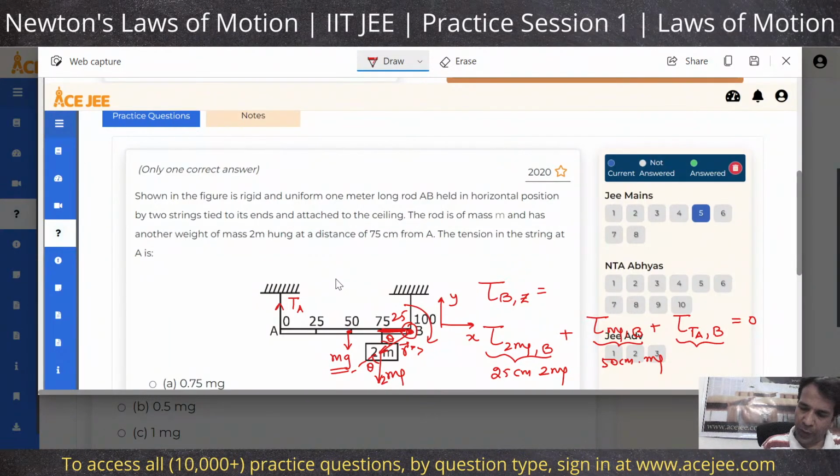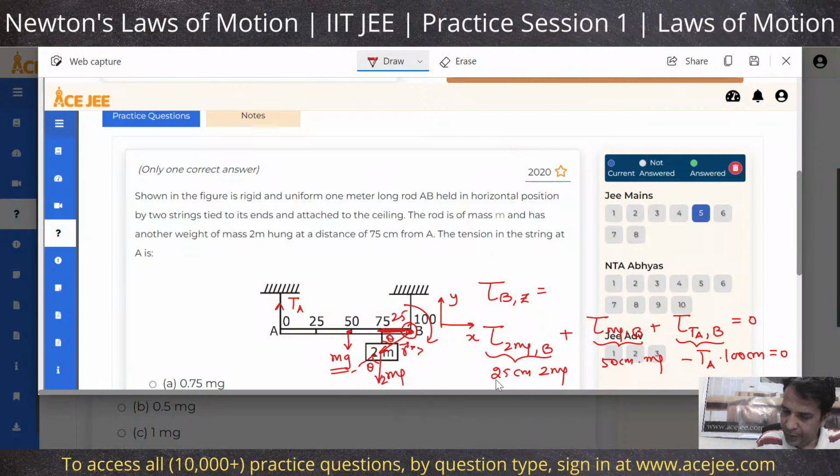So the thumb will be pointed inwards, which is opposite, so minus z direction, opposite to the torque due to 2mg and mg. So we'll write this as minus TA into 100 centimeters. The sum of the three should be 0.